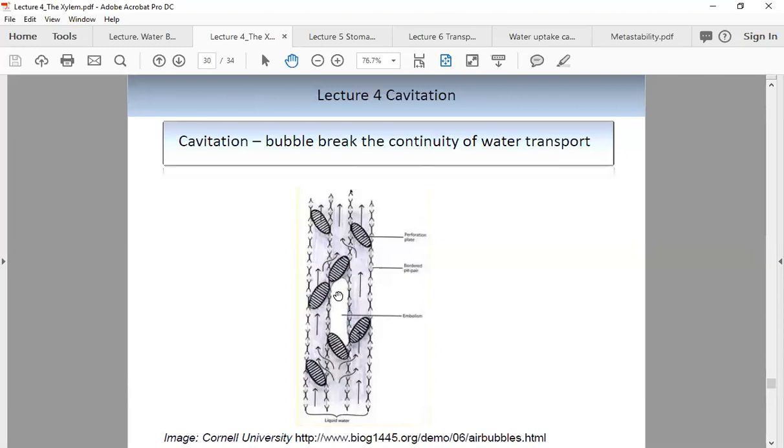So how do plants actually overcome the formation of a gas bubble? How do they overcome it?